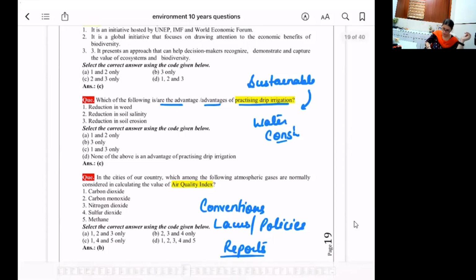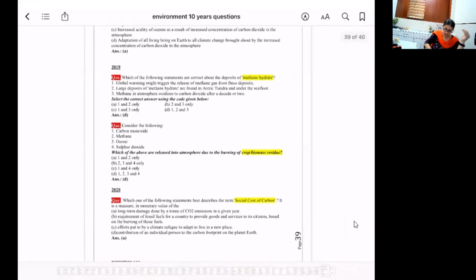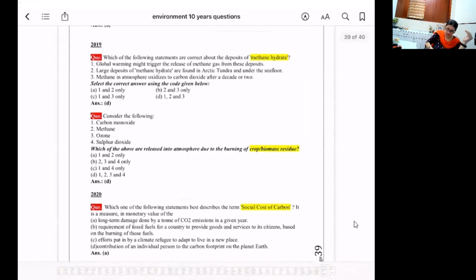I just want to prove one more point by taking up the reference of a question with the climate. So the recent examples that you can try to see: the 2019 question, see for yourself. Which of the following statements are correct about deposits of methane hydrate?